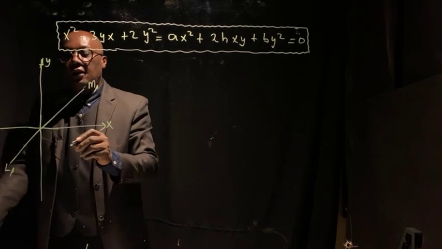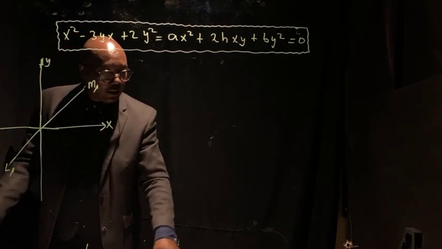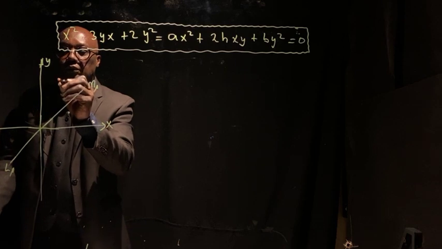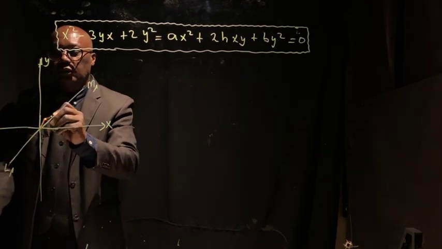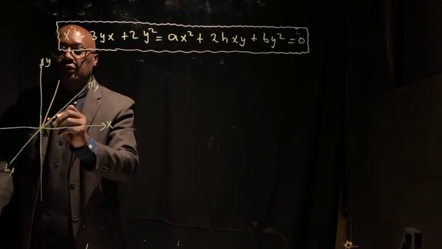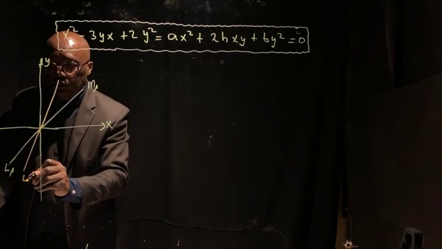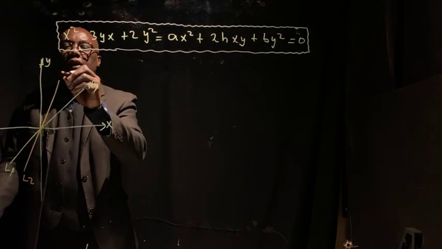And then you have another line, L2, whose gradient is M2.